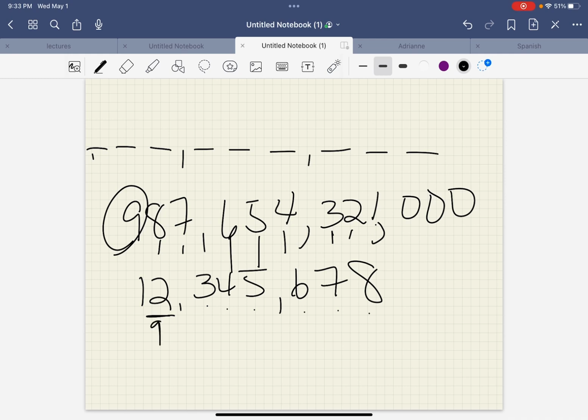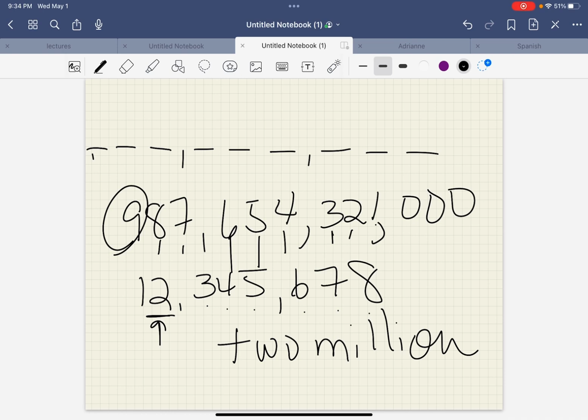This is just the millions, isn't it? And it wants to know the value of it. Since it's in the millions, then it would be 2 million. So the answer is A.